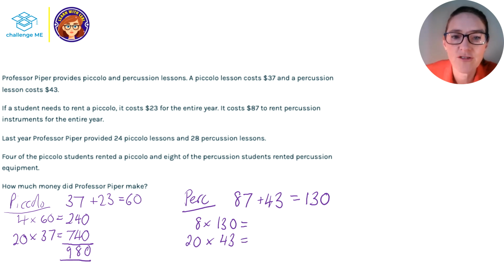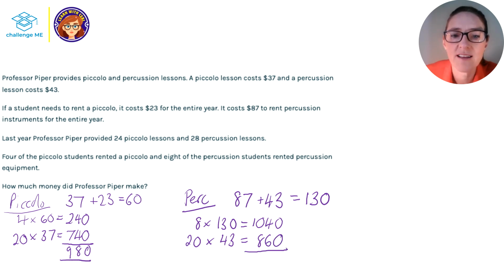8 times 100, 800. 8 times 30, 8 3s are 24 with an extra times 10 there. So 800 and 240 is 1040. And then 20 times 43, so we need to double our 43 and times by 10, so 86, 860.